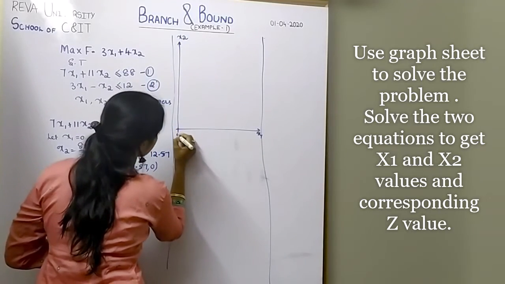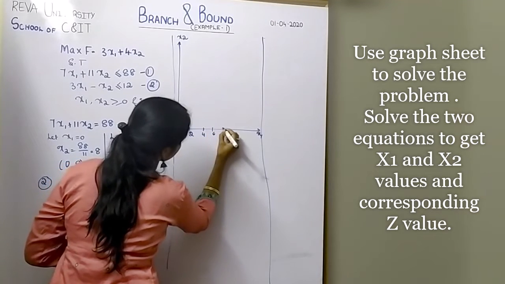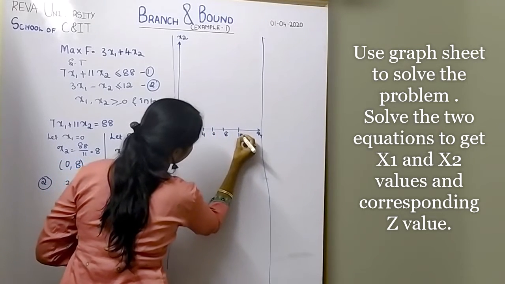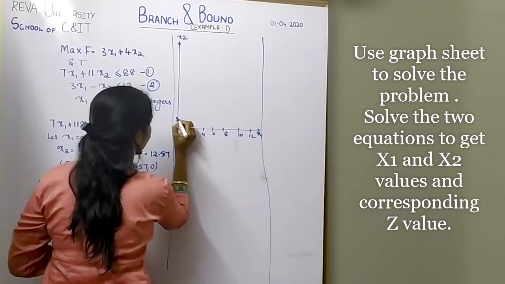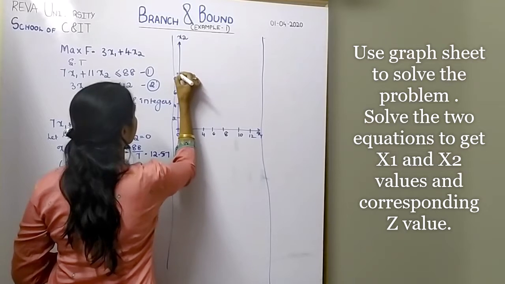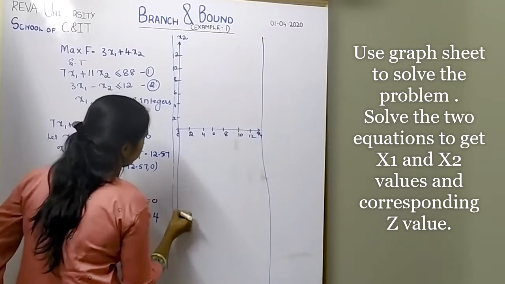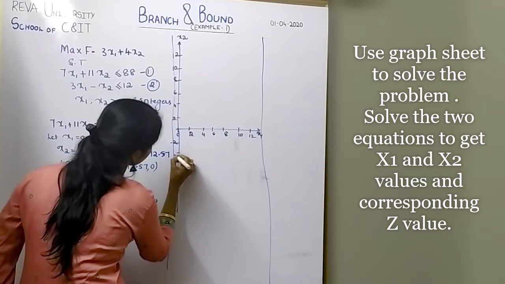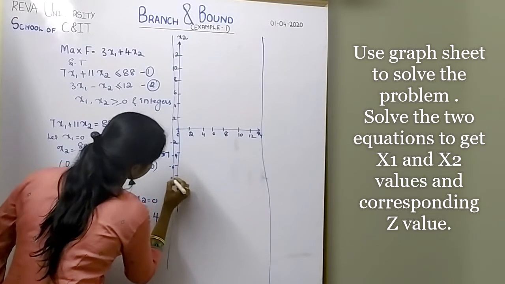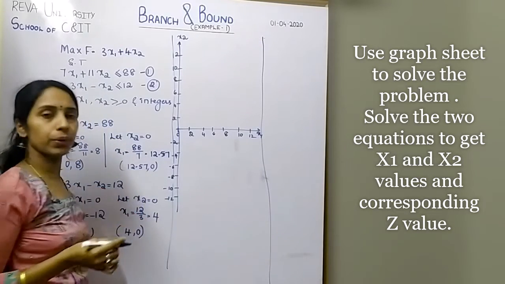The units here are 2, 4, 6, 8, 10, 12, and here minus 2, minus 4, minus 6, minus 8, minus 10, minus 12.